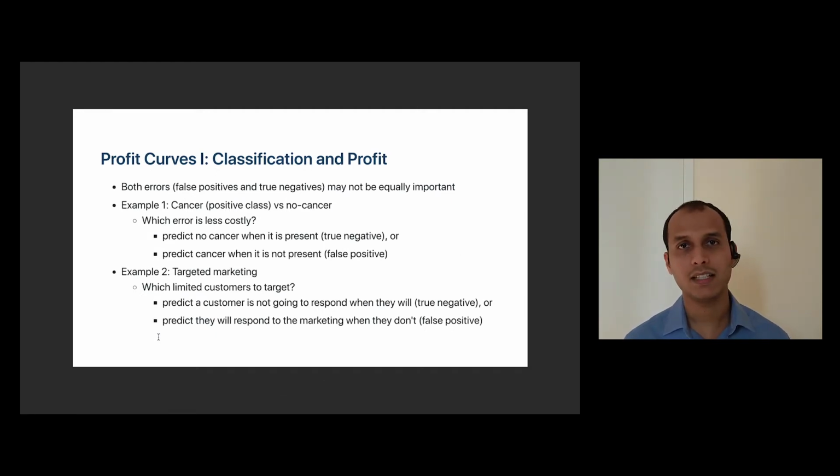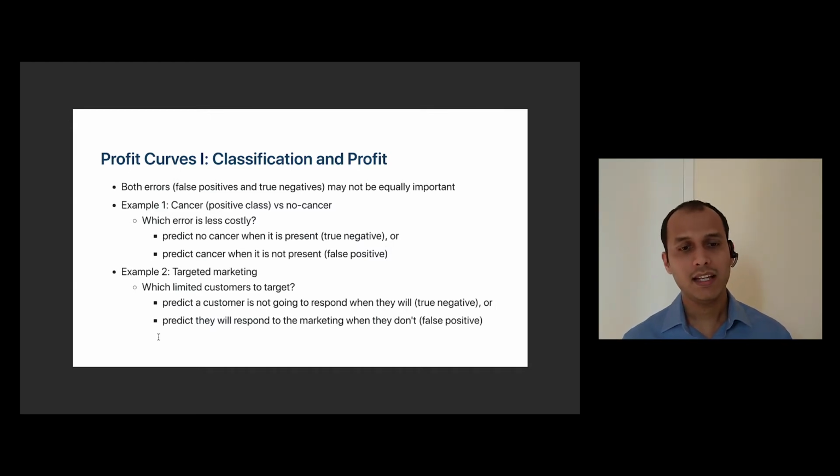The first example is, let's say, in a health setting. So let's say the classifier is predicting whether this person has a cancer, which is a positive class, versus no cancer. Okay, and so let's say it's a test, like a lab test. Which error is less costly, do you think? There are two types of errors, right? When you predict that there is no cancer, but there is cancer.